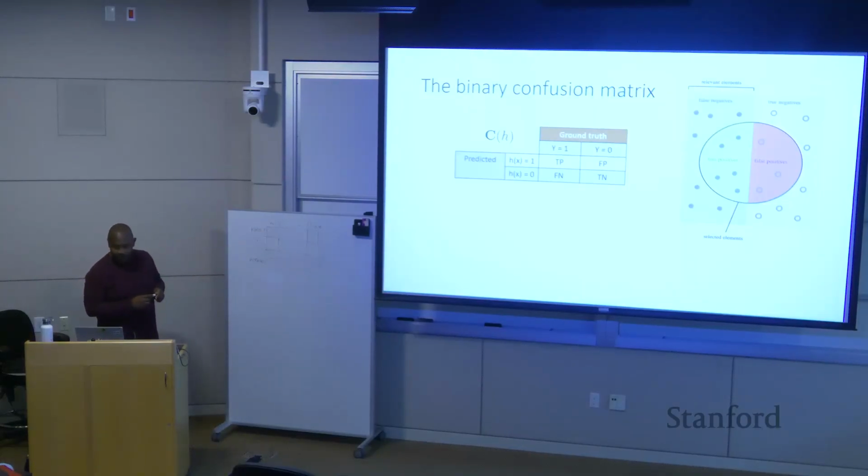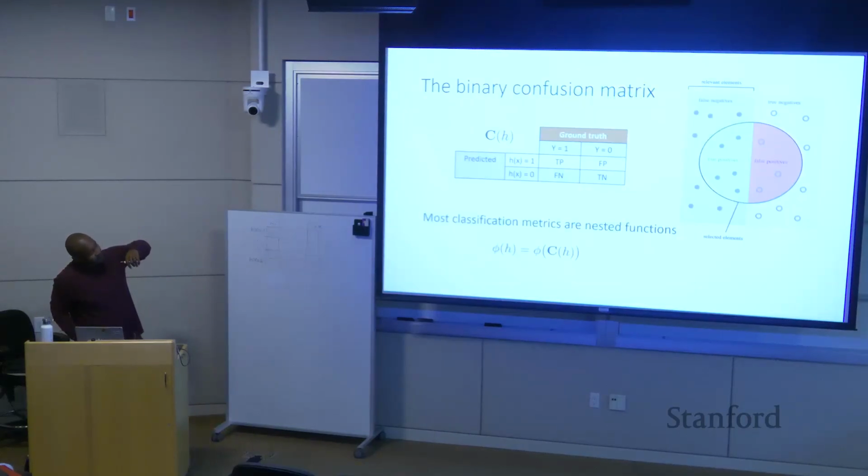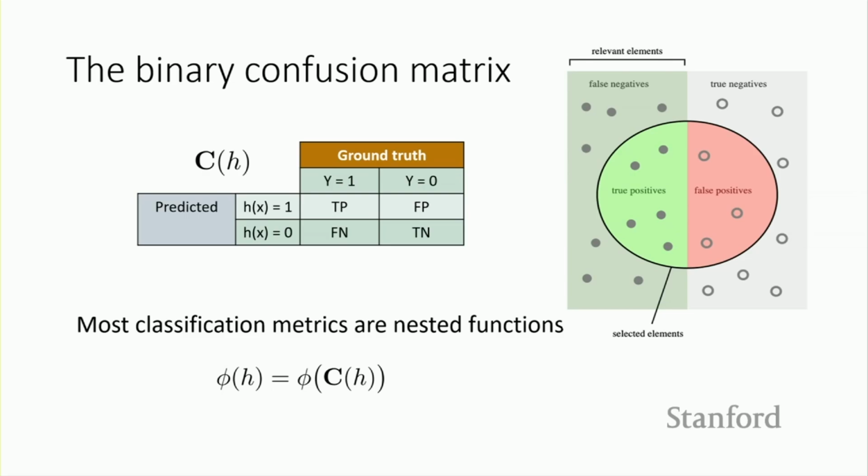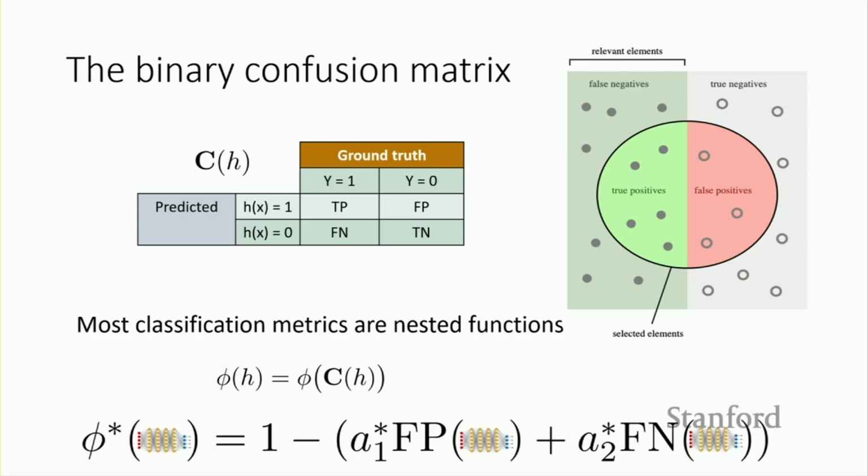Okay, and then, this is going to be a fun aside, we won't go into too much detail, but you can also show that most classification metrics that people use or you might be familiar with can be written as some function of the confusion matrix. It turns out to be a useful quantity.